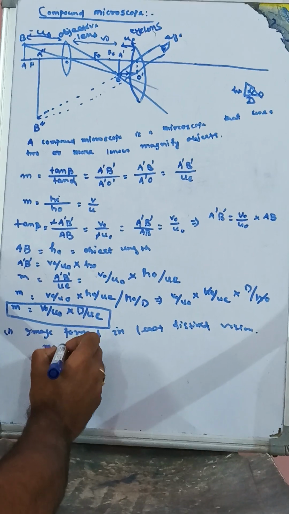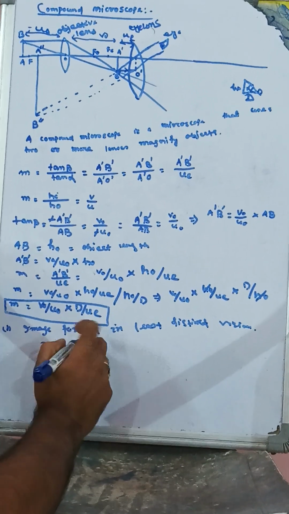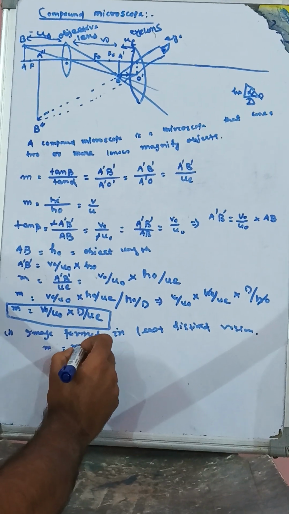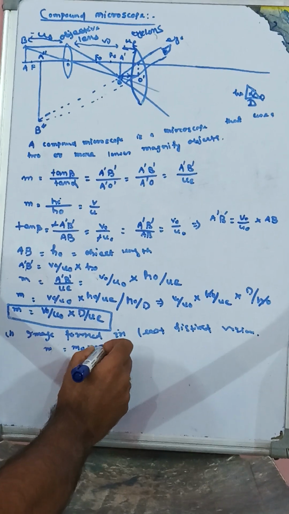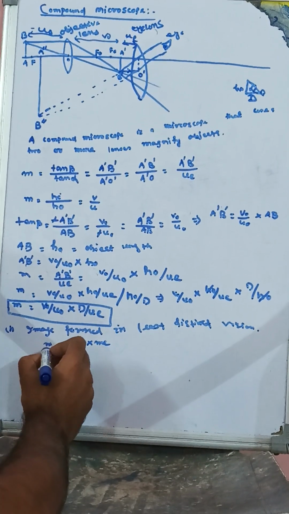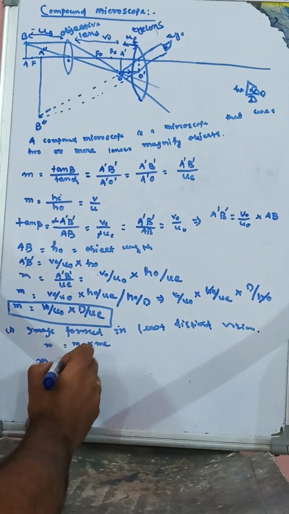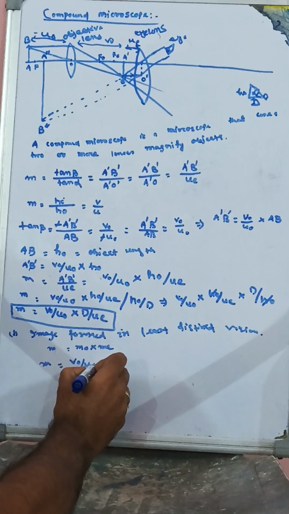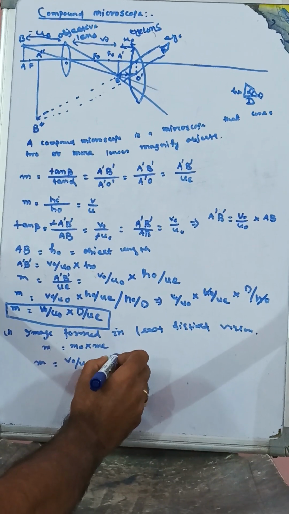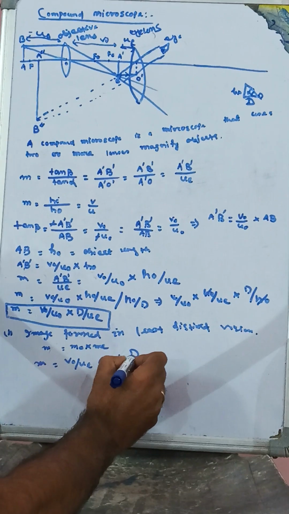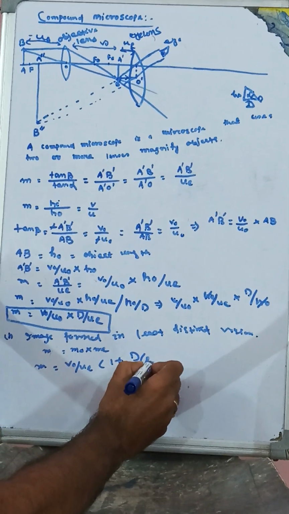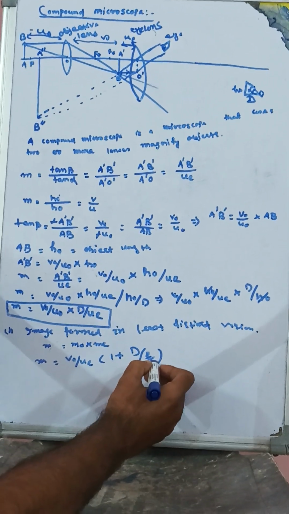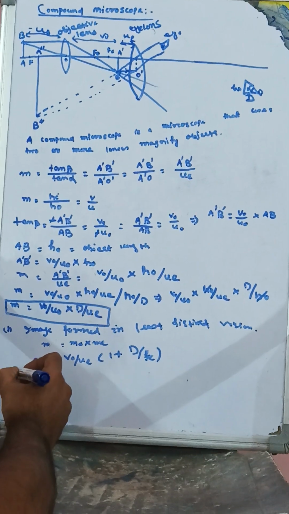We know M is equal to M0 into Me. Then M is equal to v0 divided by u0 into 1 plus D by fe, where fe is the focal length of the eyepiece.